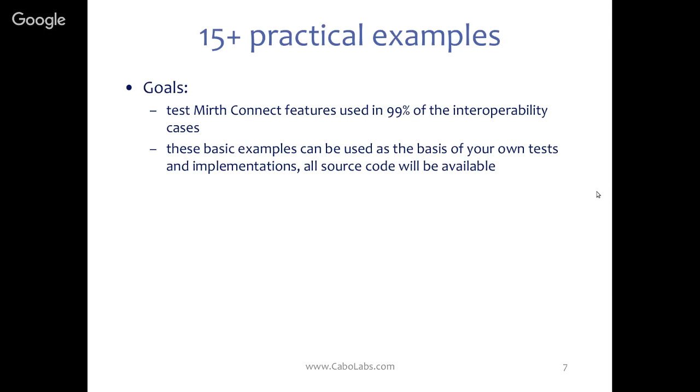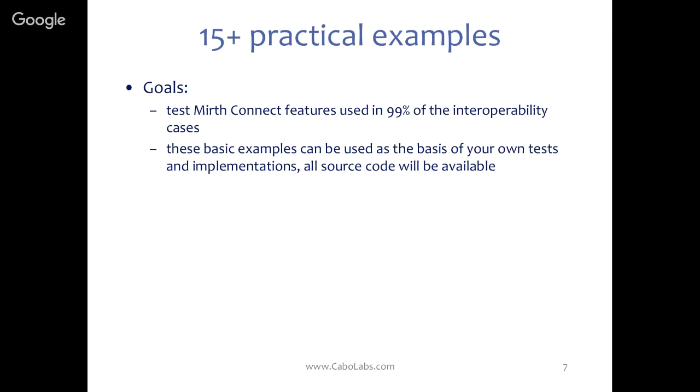And for the examples that we will analyze through the workshop, the basic idea is that those examples allow us to analyze and to understand all the Mirth features that are used in a lot of cases. So maybe some examples are too simple, but the main goal of each example is to show you one specific feature of Mirth.